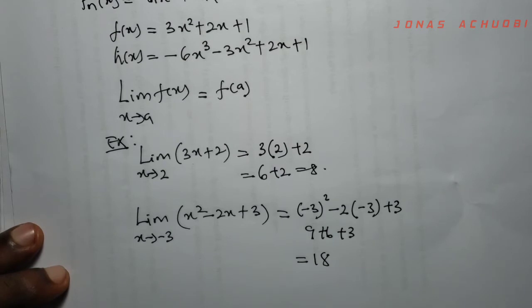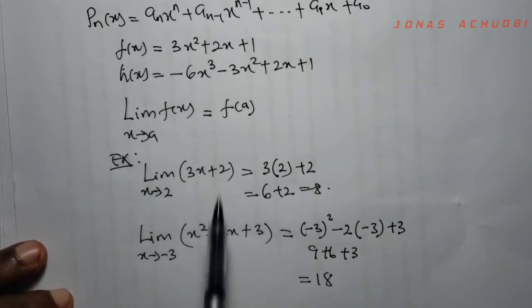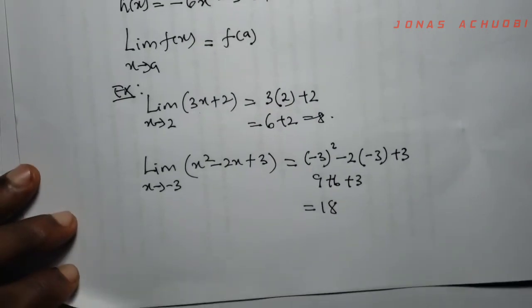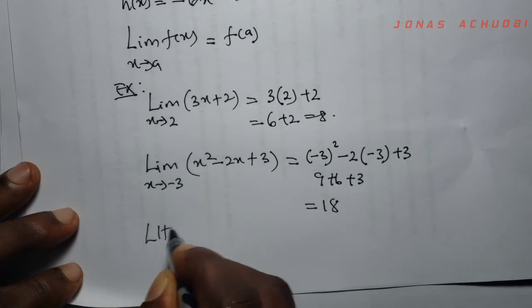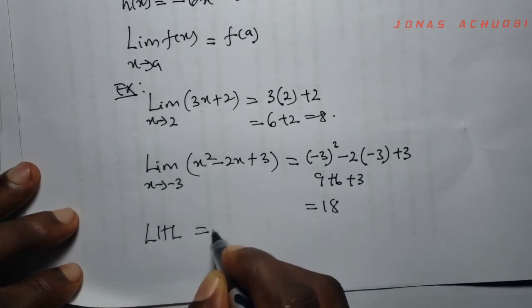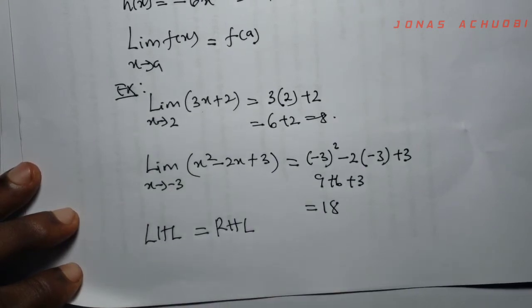At this point, we remark that for polynomial functions of this nature, the limit from the left, or what you call the left-hand limit, is always equal to the right-hand limit. But this is not always the case for some other functions which are defined in a piecewise sense.